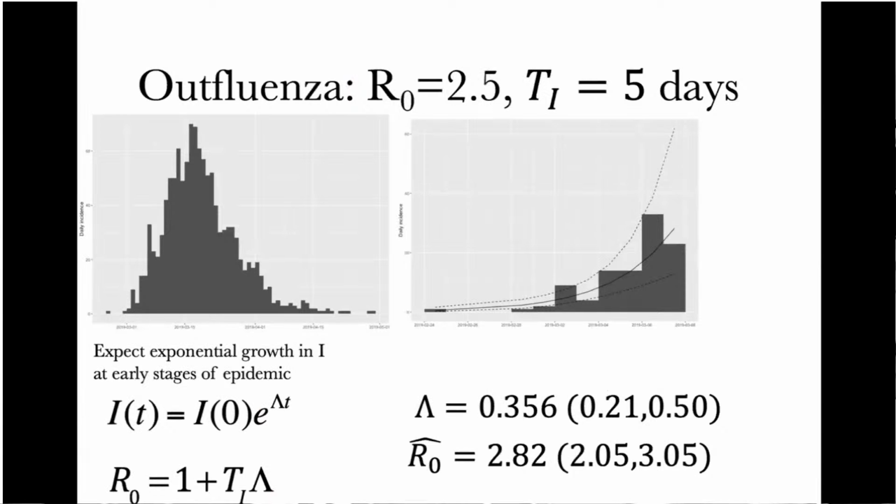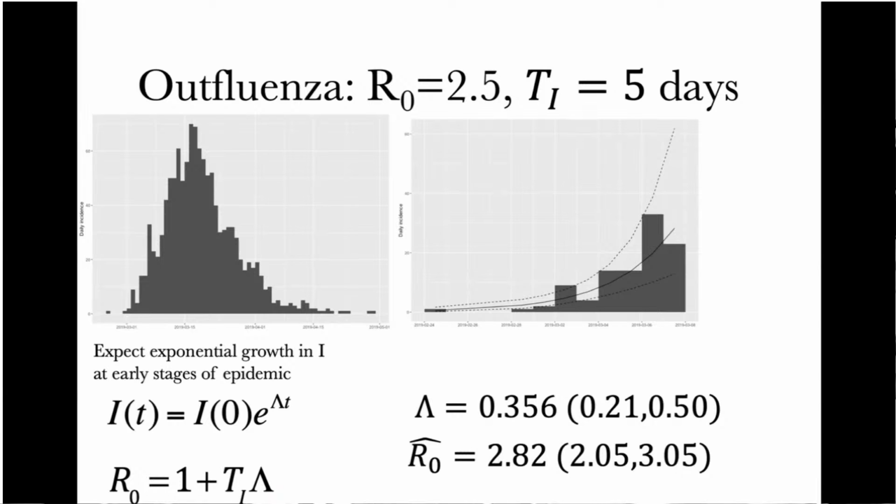Back to our data, if you, for example, take the first phase, on the right-hand side, this is the first 2 weeks of data, and you just do a linear regression of those cases and time, you estimate an exponential rate of about 0.3, and if you plug that back into the relation between that rate and R naught, you obtain an R naught of about 2.8.